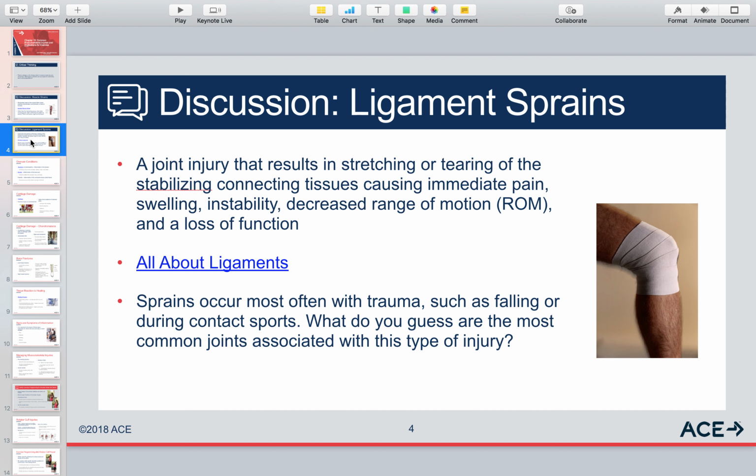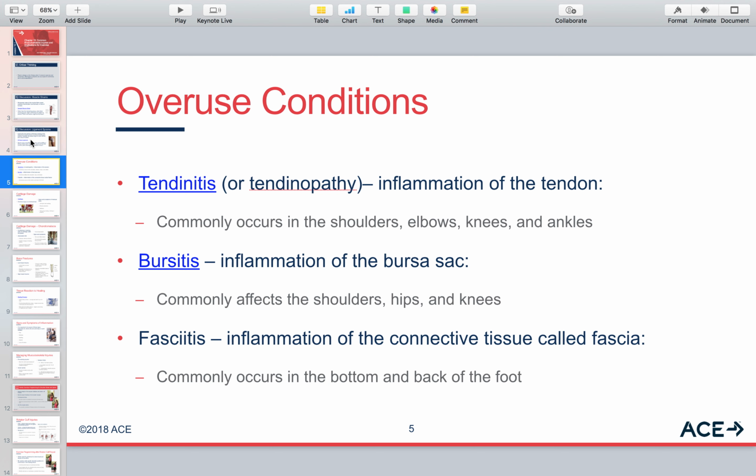Ligament sprains, I'm not going to take too much time to go through. Bursitis is really common. It's inflammation of the bursa sac in the knee. Tendinitis is inflammation or overuse of a tendon or a joint, common in the shoulders, elbows, knees, and ankles.